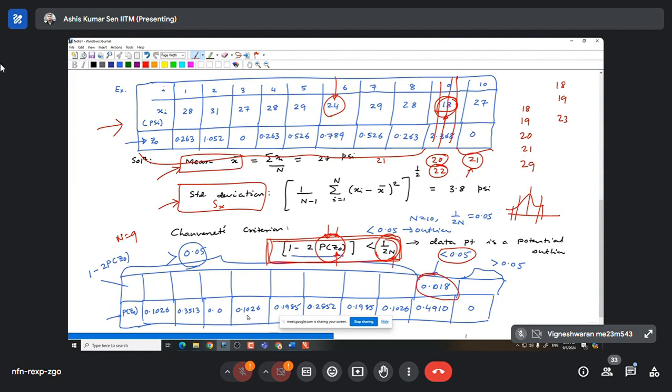See, the thing is, you are measuring for a particular variable, right? So you cannot have sort of bipolar data. If any data point is not showing a central tendency, that means there must be something wrong in the measurement.